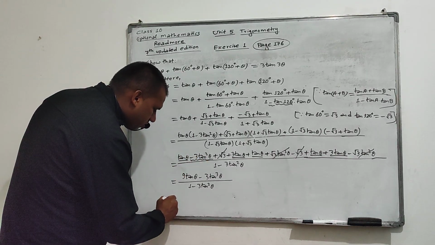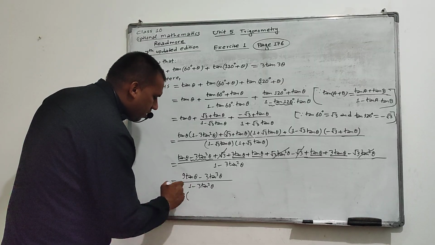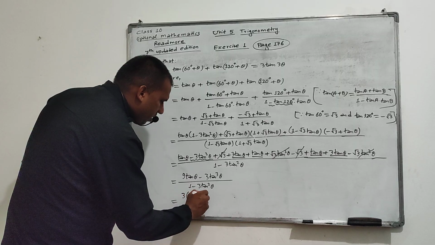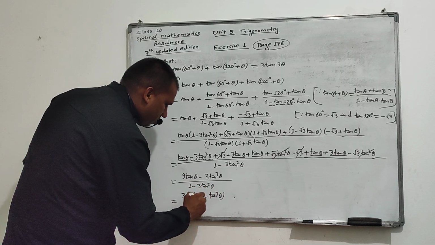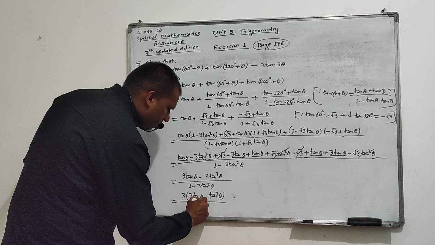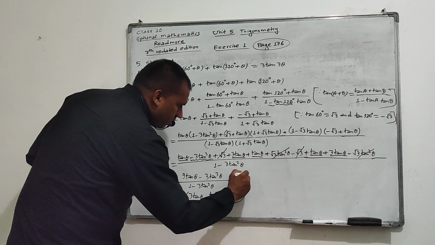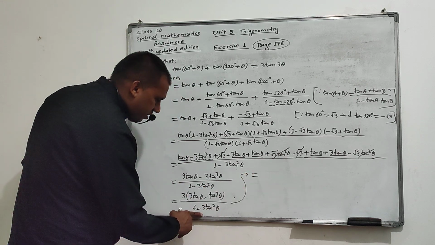Taking 3 common on the numerator, we get 3 times (3 tan theta minus tan cube theta) all upon 1 minus 3 tan square theta.